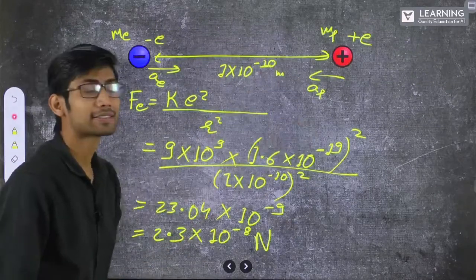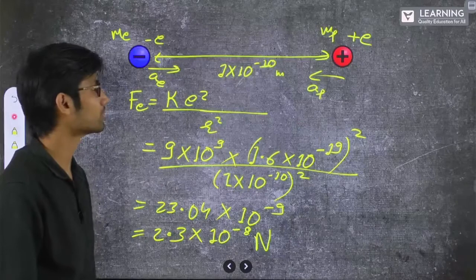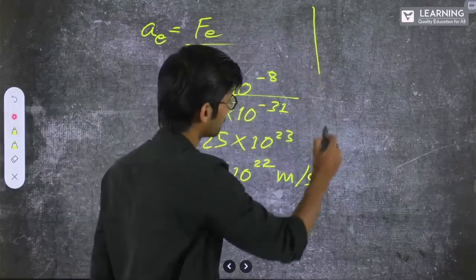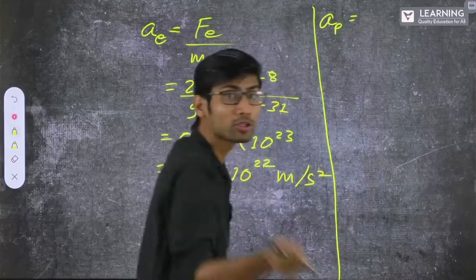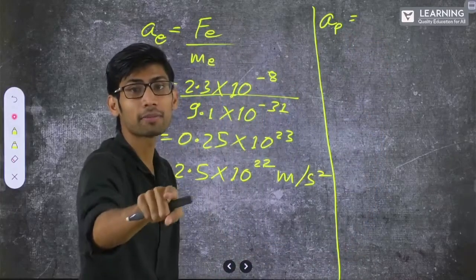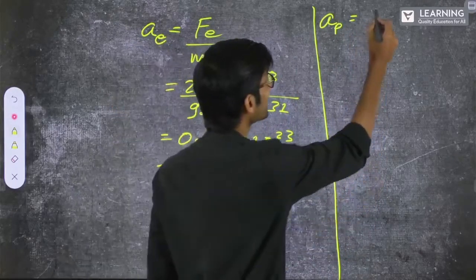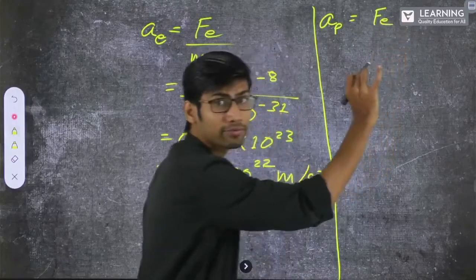Now, acceleration of proton. Again, very simple. Acceleration of proton is equal to force experienced by the proton divided by the mass of proton. Force experienced by the proton is nothing but the electrostatic force.